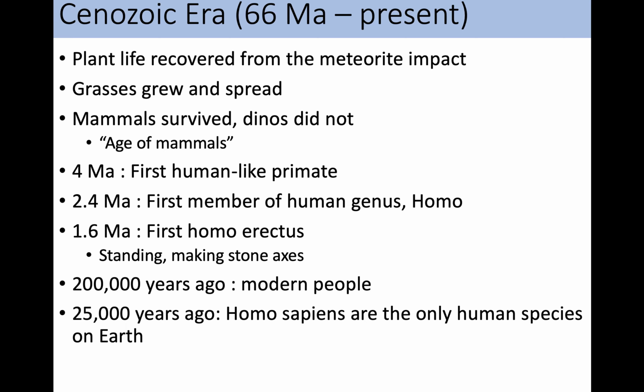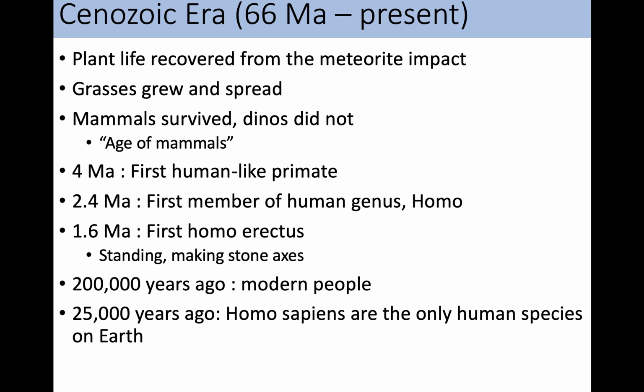So it wasn't until 1.6 million years ago that ancient humans were standing up the way that we do now. But then a lot of time passed, and we didn't really have what we would call modern people until about 200,000 years ago, living in something similar to our modern civilization. But we had, I think, 3 major species of humans.